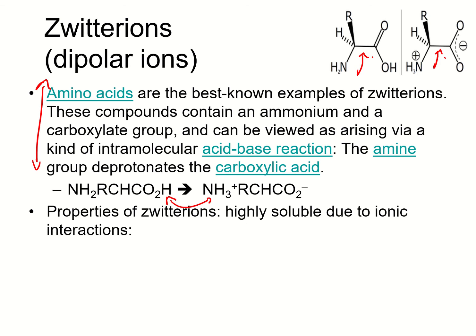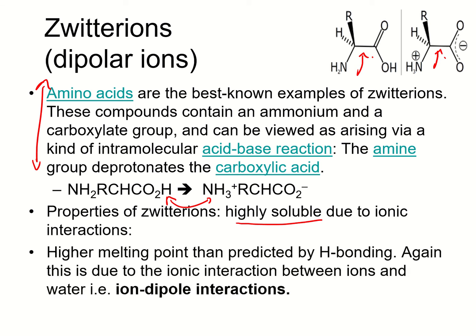Right, properties that zwitterions have: they are highly soluble. Much more soluble, and this is because of the ionic interactions. These ionic interactions that make it soluble are ion dipole interactions. When I talk about ion dipole, if we look at this up here, that's a positive ion.